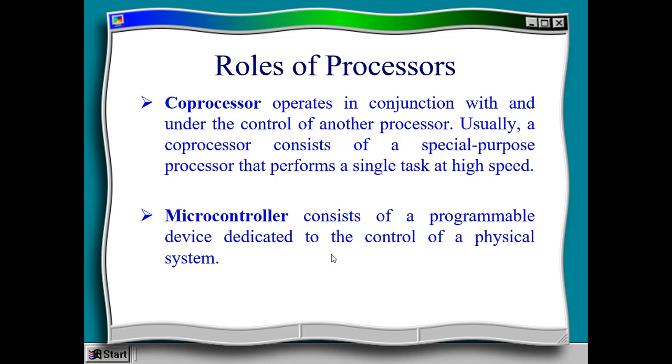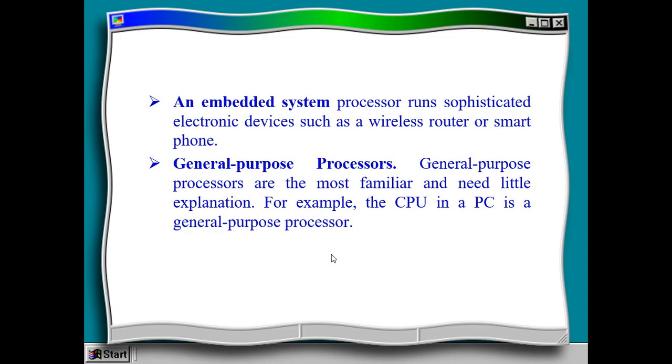The microcontroller consists of a programmable device dedicated to the control of a physical system. An embedded processor runs sophisticated electronic devices such as a wireless router or smartphone devices. General purpose processors are the most familiar and need little explanation.